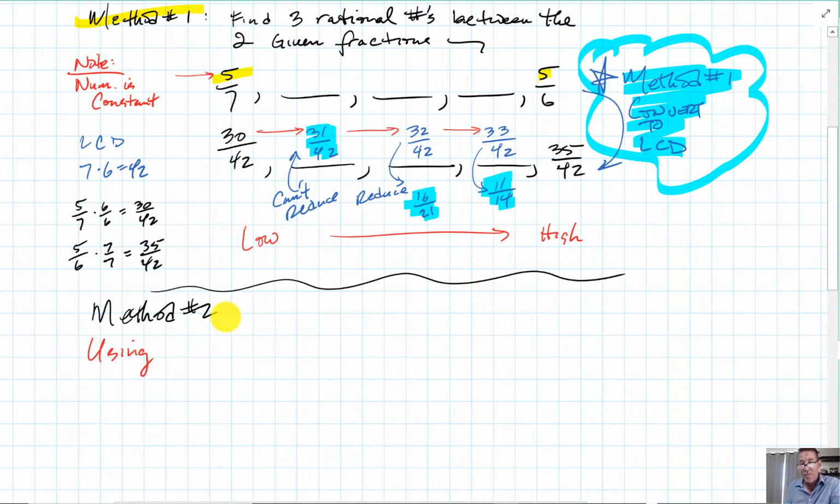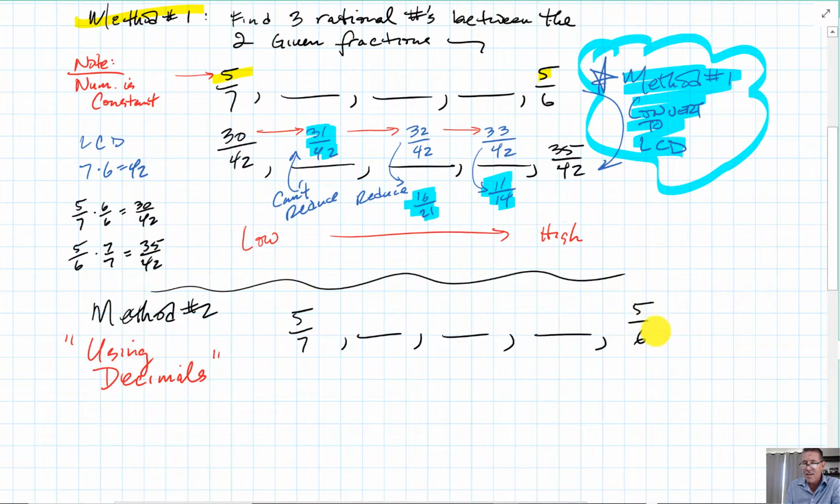And it's surprising that a lot of people have not seen this. So this is kind of a neat method here. It's actually quite simple once you see it. So using decimals. So same problem, but done entirely differently. So let's pose the problem again. So 5/7, and then our goal is to find 3 numbers between 5/7 and 5/6. But in this case, we're going to be using decimals. Okay.